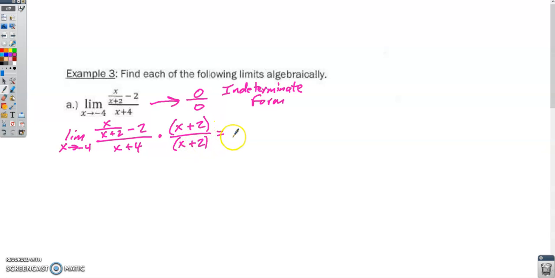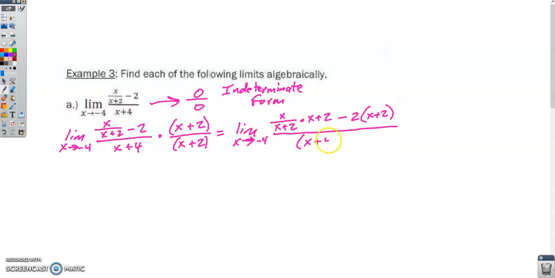That means I'm going to multiply the x over x plus 2 times the quantity x plus 2, and I'm also going to multiply the 2 times the quantity x plus 2, since those are my two terms in my numerator. And in my denominator, I'm going to take that whole denominator and multiply it by x plus 2.